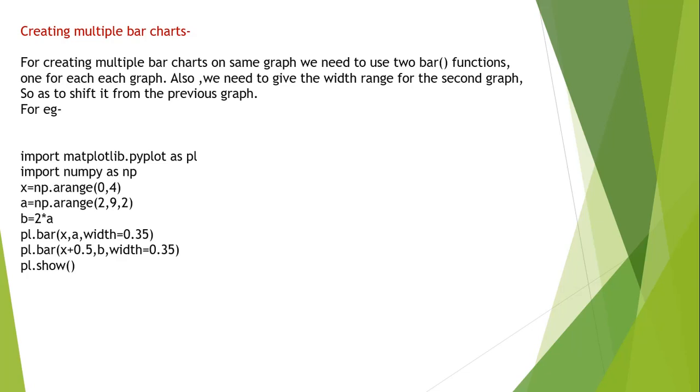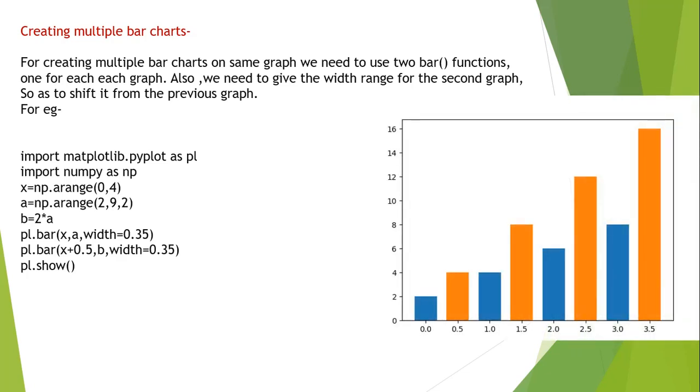This indicates the shift in the graph, so it doesn't overlap with the previous graph and it will be shifted by 0.5 on the x-axis. And b does not have to be shifted because the values can be shown on a different vertical axis. That is not a problem here, and width is 0.35 for this also. And pl.show is used here. Now let's see what the output will be.